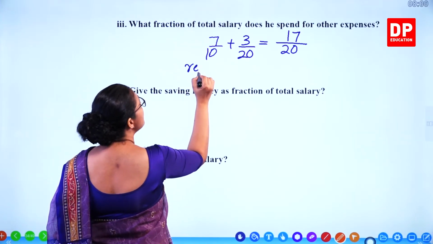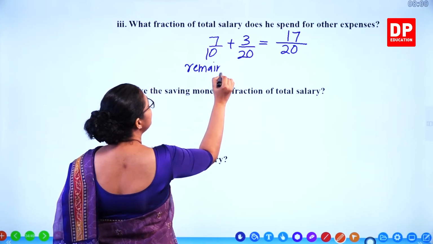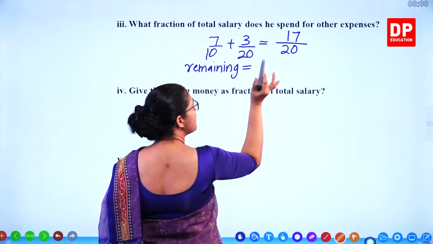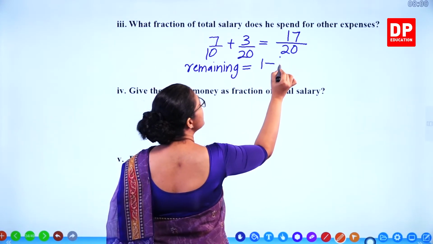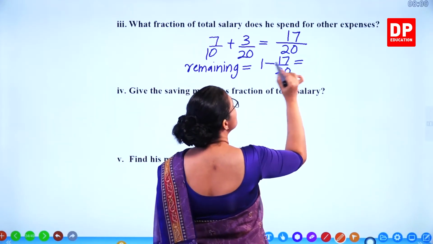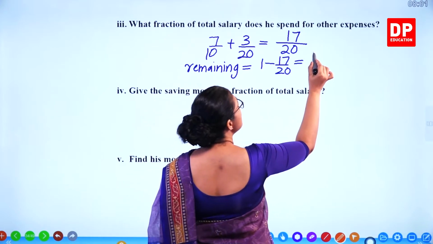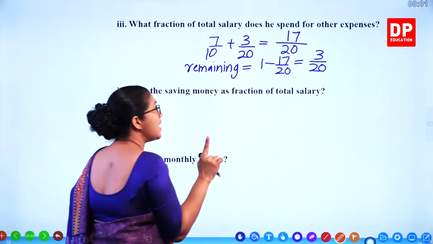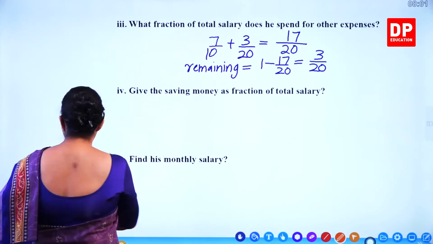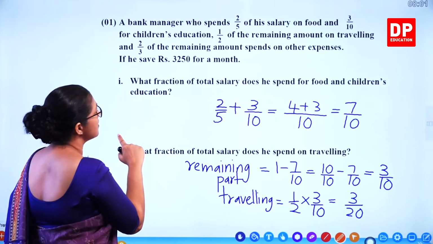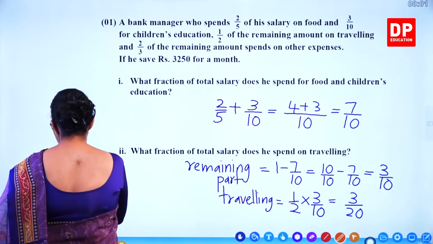Again, you have to find the remaining. Remaining part is 1 minus 17/20. If you can't do it at once, you write everything. So 20 minus 17, so this is 3/20. So that's the remaining. From remaining amount, it's 2/3 for other expenses.